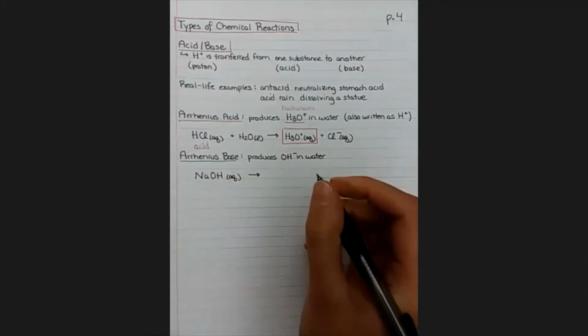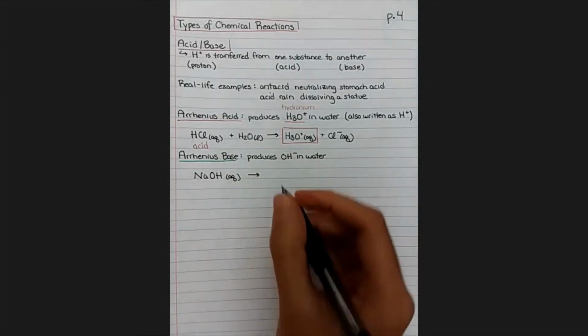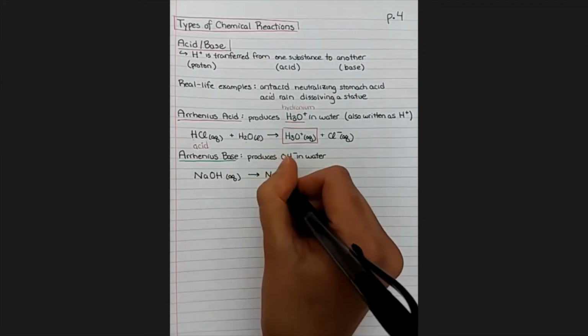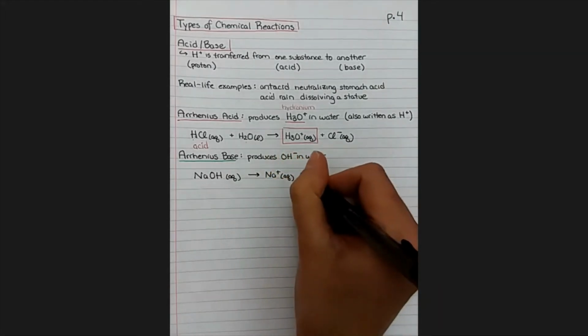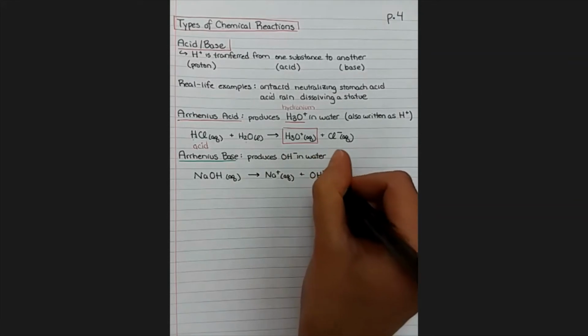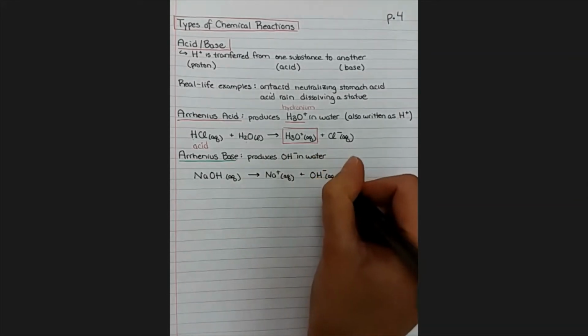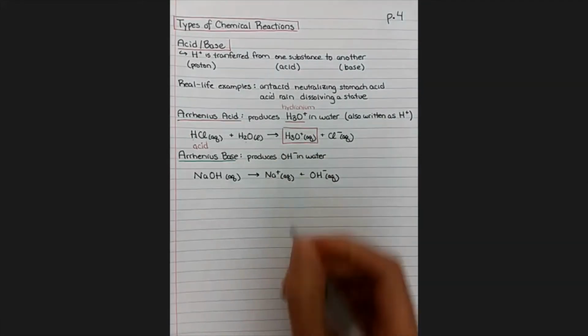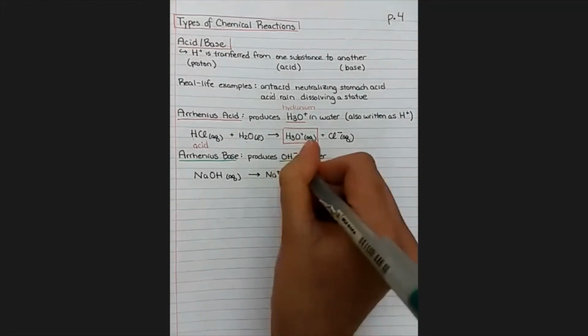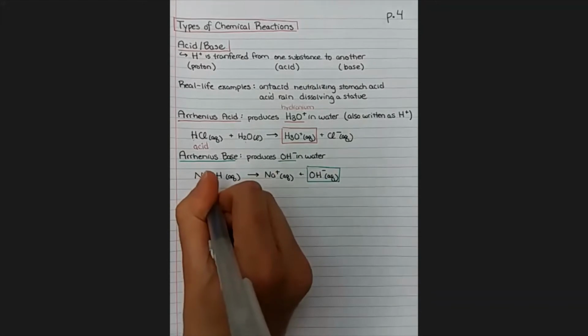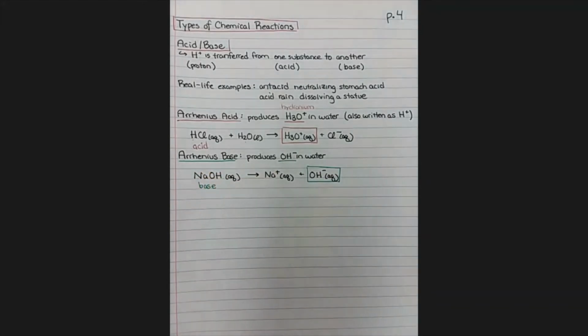When sodium hydroxide is placed in water, indicated by the aqueous symbol, it dissociates into that sodium cation and the hydroxide polyatomic anion. So when we see that the hydroxide is produced as a product, that means that the reactant that gave us that hydroxide is the base.